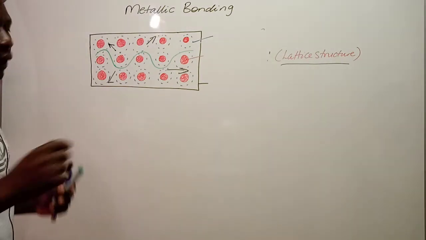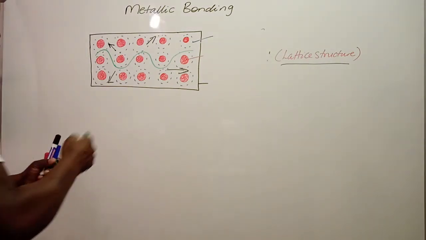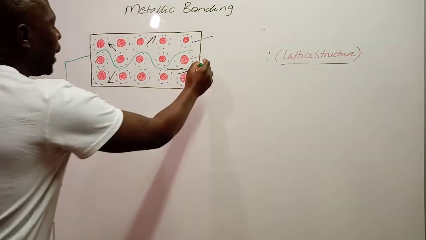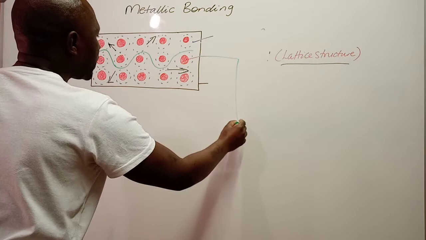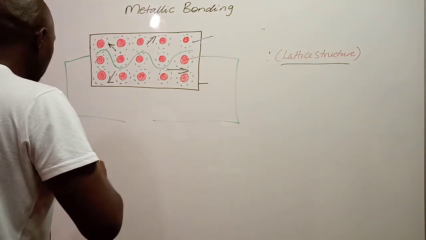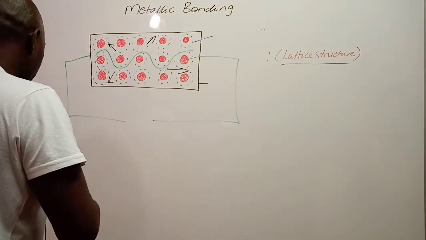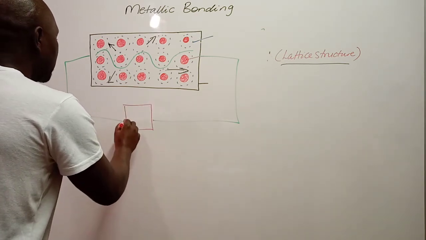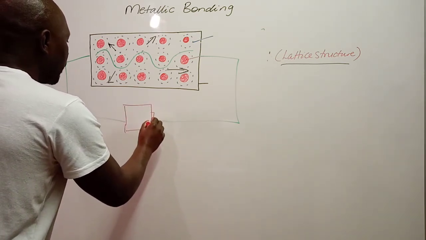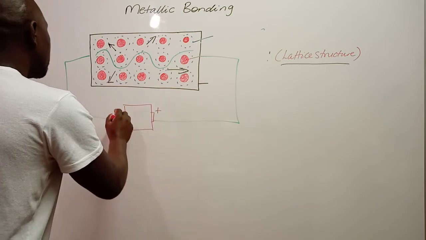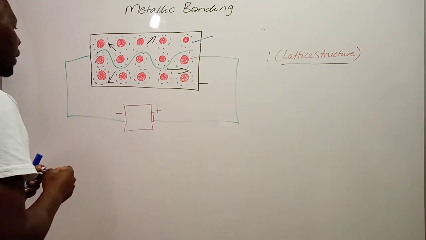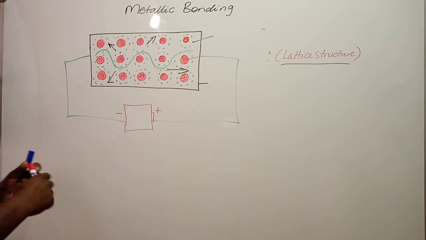So, we will then take wires and we connect this metal bar to a battery. So I'll put the battery right. So this is the positive and this is the negative. Right.